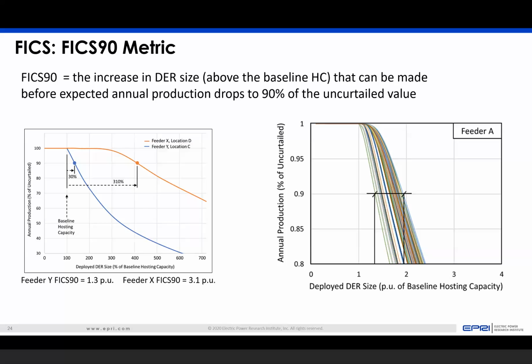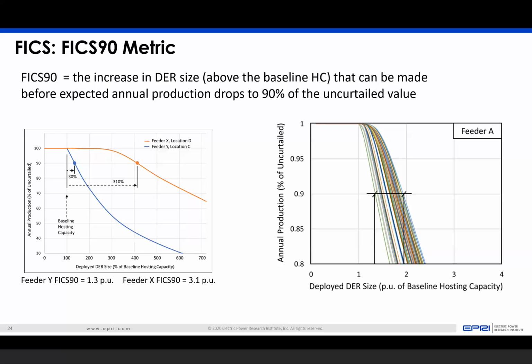90 value. So FICS 90 is essentially our way of measuring this 10% reduction or curtailment from the uncurtailed values. The slide to the right shows the FICS 90 for a different feeder, and it shows how the variability is much less than the feeder that I showed on the earlier slide.